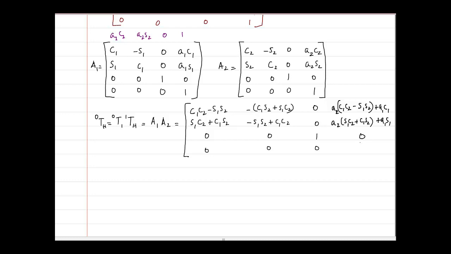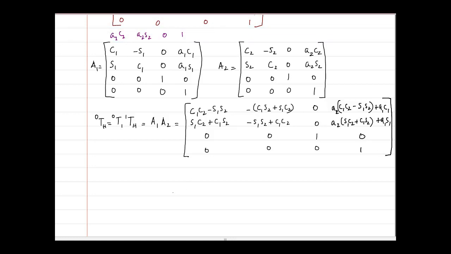The last row is going to be multiplied with again all zeros with only one remaining, so this is going to be 1. So now I have got the matrix completed. This is what is going to be my matrix.